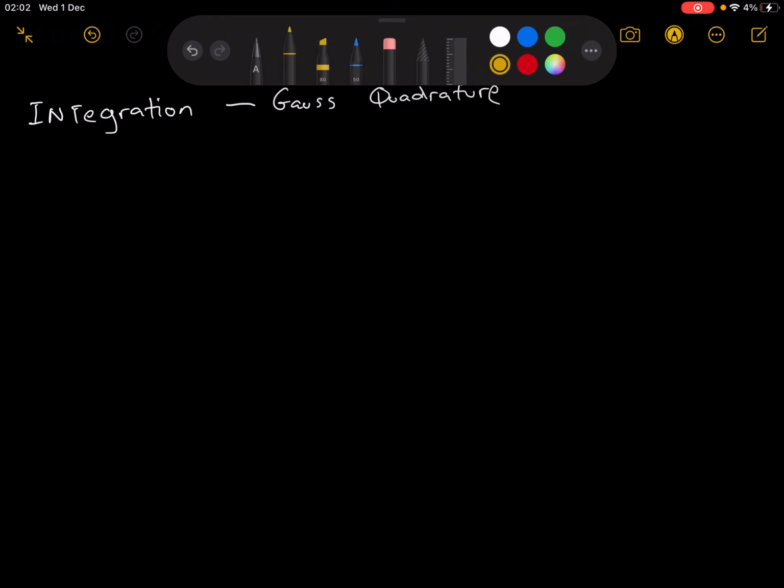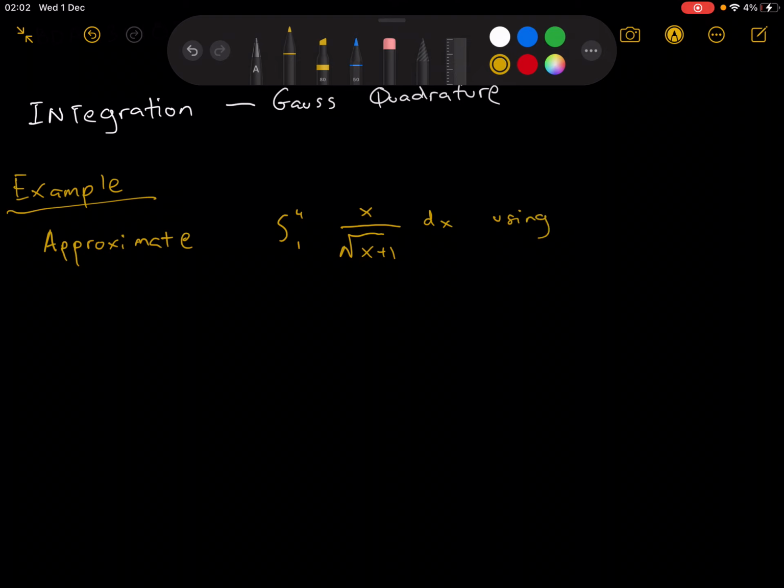So, let's say we want to approximate the integration from 1 to ... of x over square root of x plus 1 dx using a) 2-point Gauss quadrature and b) 3-point Gauss quadrature.